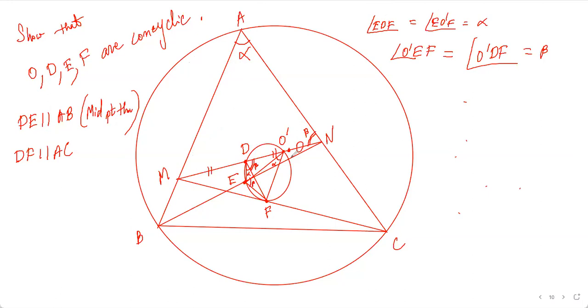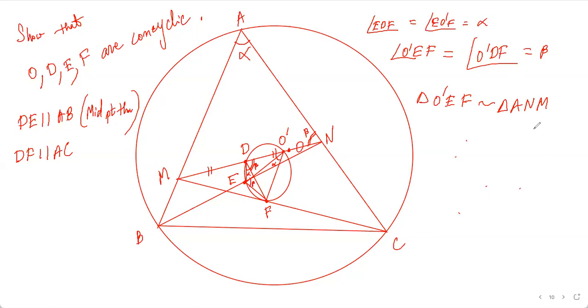Finally, we get two triangles to be similar: triangle O dash EF is similar to triangle ANM, because O dash EF has the angle alpha and the angle beta, and triangle ANM also has angle alpha and angle beta.